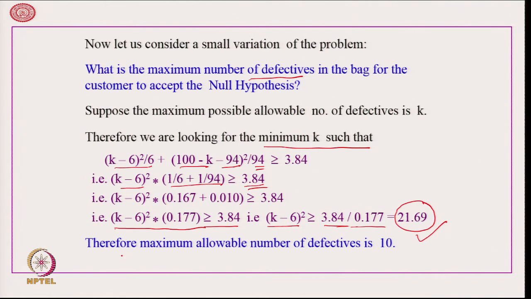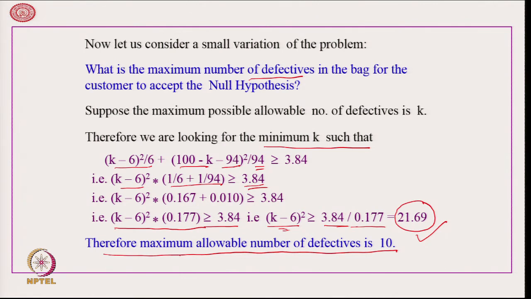Hence, we can see that the maximum allowable number of defectives is 10, because in that case (k minus 6) whole square is coming out to be 4 square, that is 16, which is less than 21.69, and we are going to accept the null hypothesis. But if k is equal to 11, then this is coming out to be 25, and therefore, we are going to reject the null hypothesis.